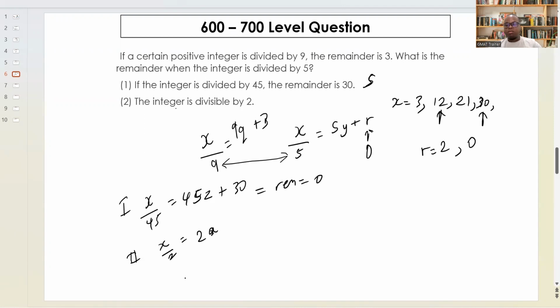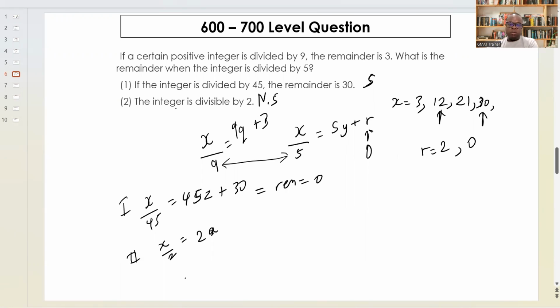So we already have two values of r, and we don't even need to go beyond this. It's not sufficient, because the remainder is either 0 or 2, just by the first trial. So this in itself is not sufficient.